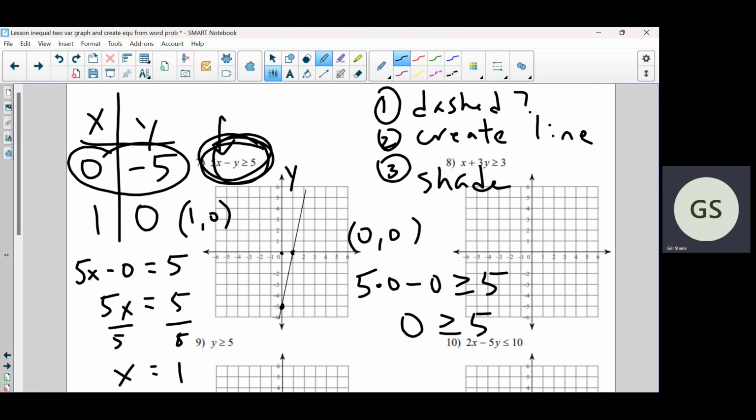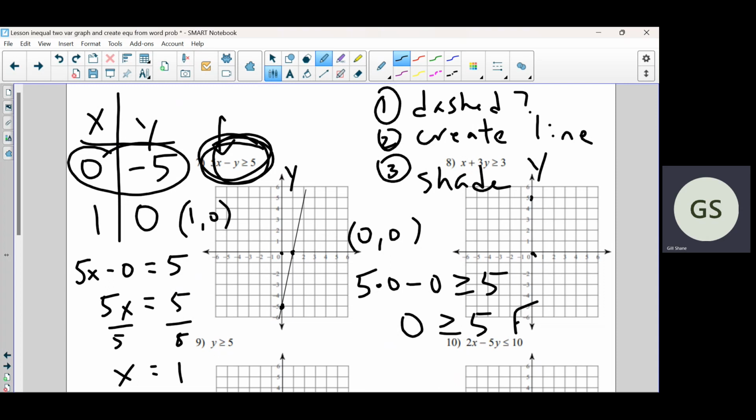If you have negatives and you're not sure, you can always use the Y number line. The higher the number, the bigger the number. So 0 is here, 5 is here. So no, 0 is not greater than or equal to 5. And it has to be one or the other. It either has to be greater than or it has to be equal. Well, it's not greater than and it's not equal.